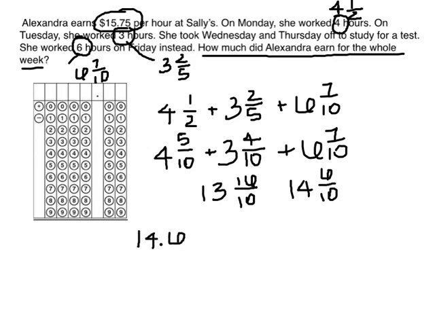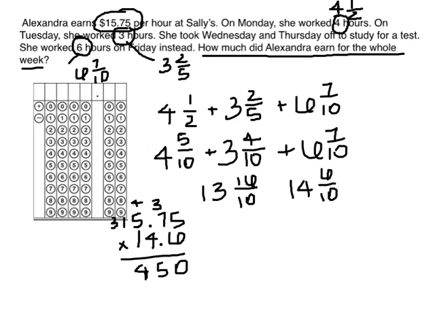So 14.6. I'm going to multiply it by how much she earns, 15.75. And we don't need to line up decimals because we're multiplying. So 5 times 6 is 30, 7 times 6 is 42, plus 3 is 45, 5 times 6 is 30, plus 4. Oops, can you see that?